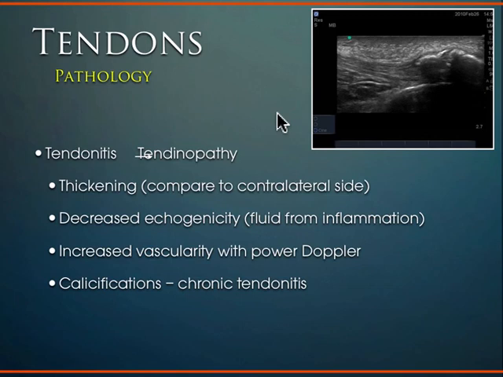I mentioned earlier, in terms of power Doppler, with tendinopathy or chronic tendon problems, there tends to be new vessel formation, which we call neovascularization, in the tendon. So you put that power Doppler on, and you can see some of that neovascularization that is specific to that area of pathology as opposed to the rest of the tendon. In general, you can see other changes, like we hear about calcific tendonitis. We typically hear about that in the shoulder, the rotator cuff muscles.